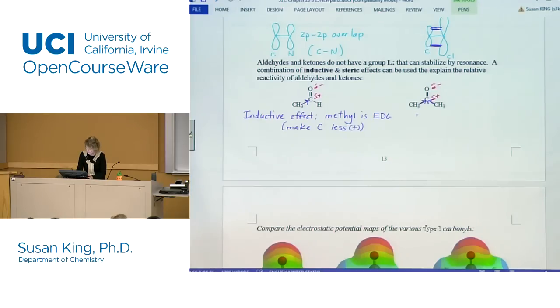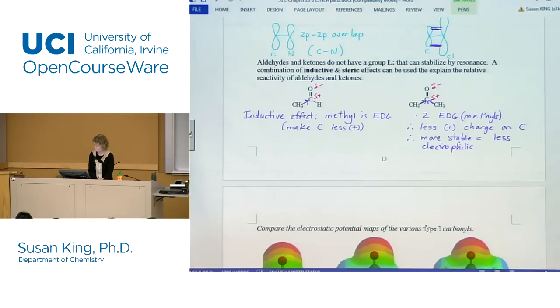Over here we have two electron donating groups, which are methyls. So therefore less positive charge on carbon. Therefore that's going to be more stable. More stable equals less electrophilic.